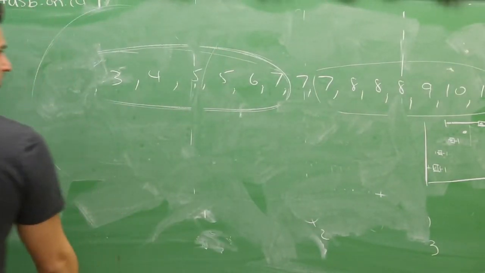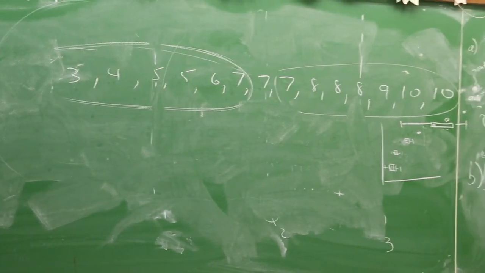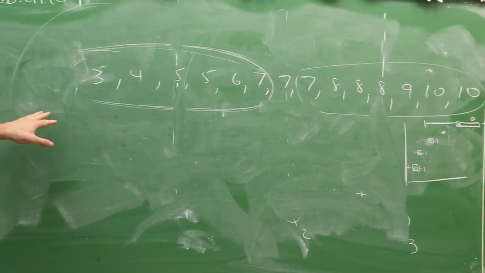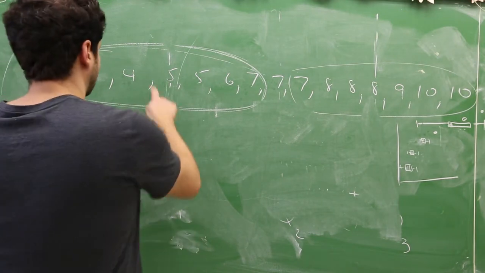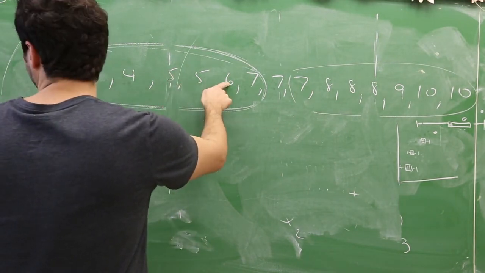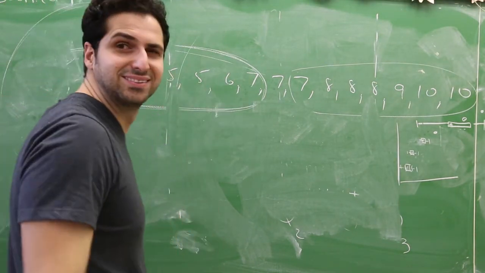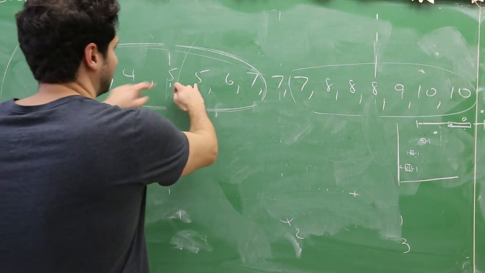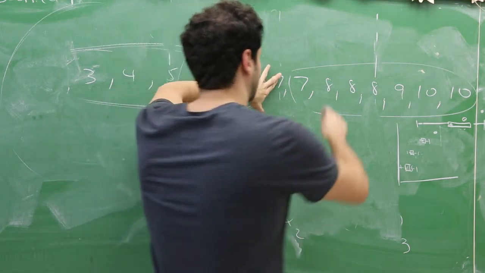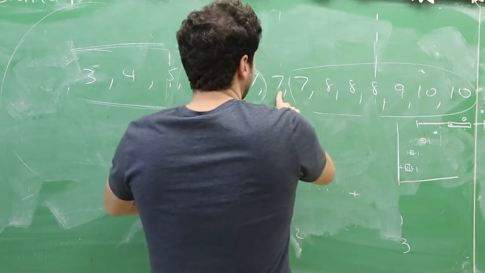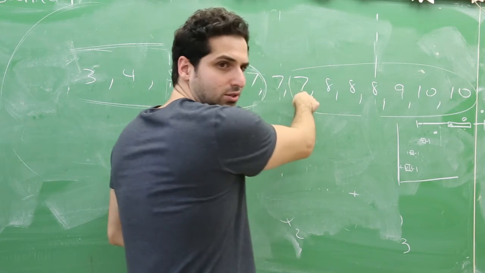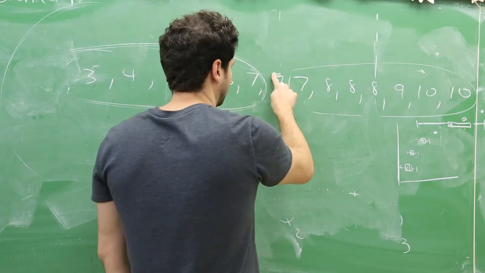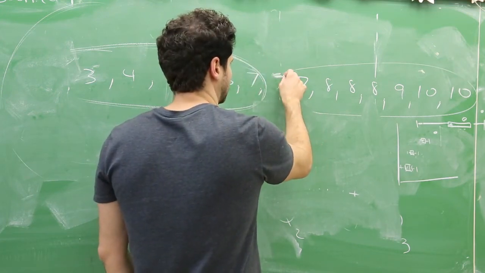So at this point, we have 14 data points, right? So we're going to have 7 on one side and 7 on another. 1, 2, 3, 4, 5, 6, 7. So we have a lower 7 and an upper 7. So we have to average these two, right? So actually, let's just make this more interesting. Let's make this an 8.